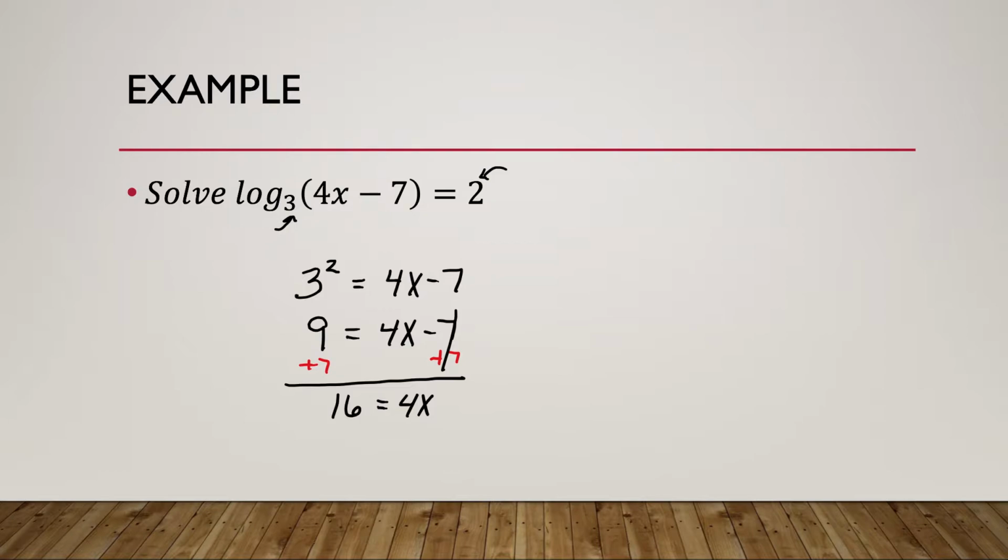And then divide both sides by 4. So our answer will be x is equal to 4. So you can see in this example, by simply changing the form to exponential, the problem becomes much easier to deal with.